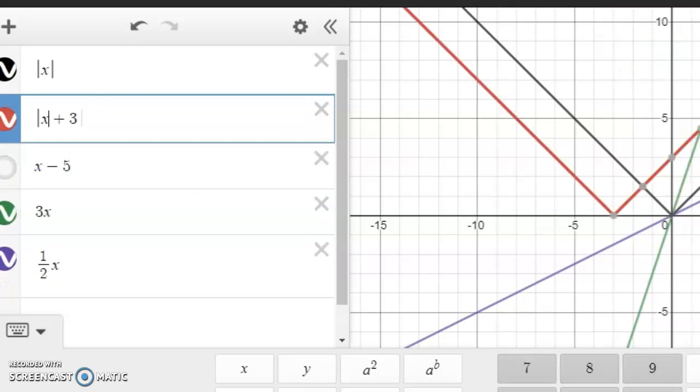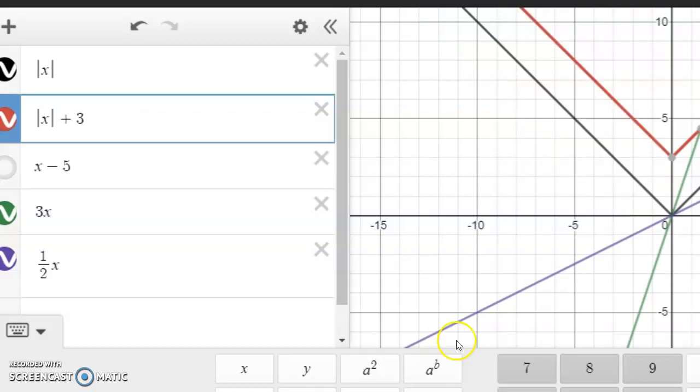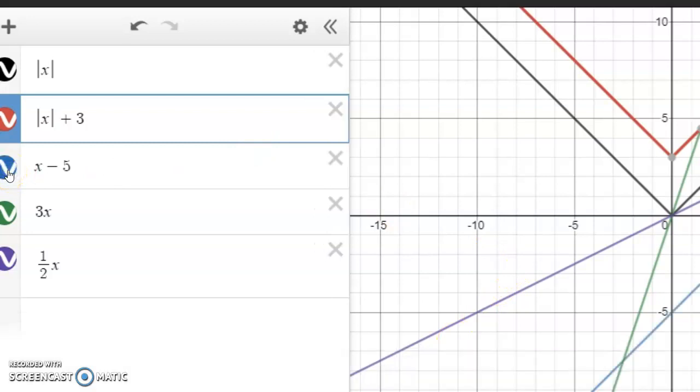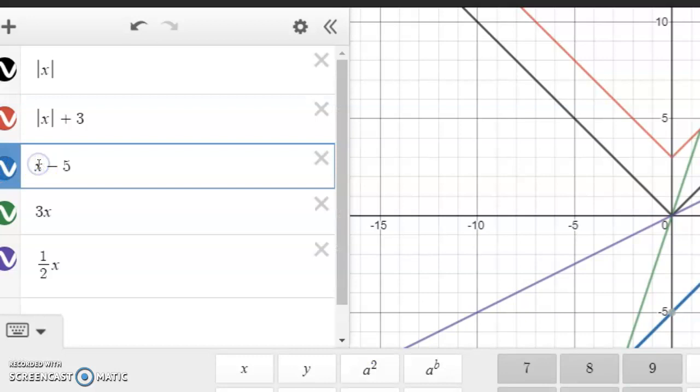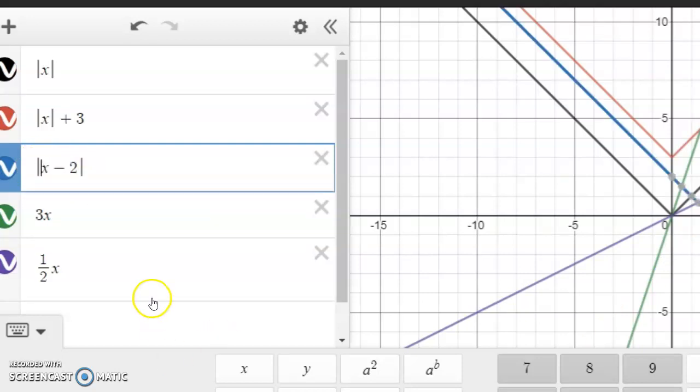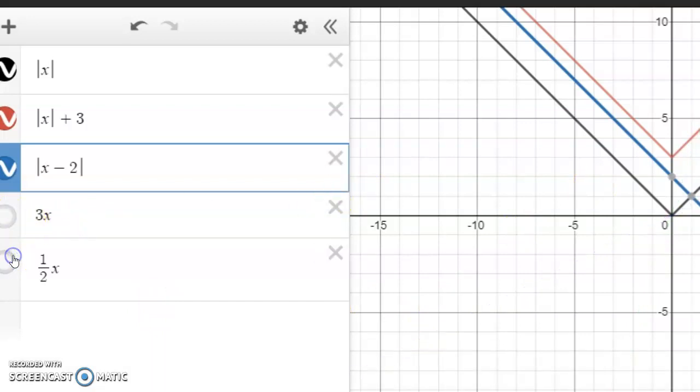Absolute value of x plus 3. Then we put the whole thing here. Instead of minus 5, I did minus 2. But we put the whole thing in absolute value. Turn these off so they don't confuse.